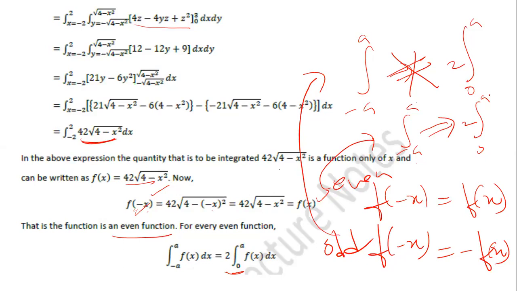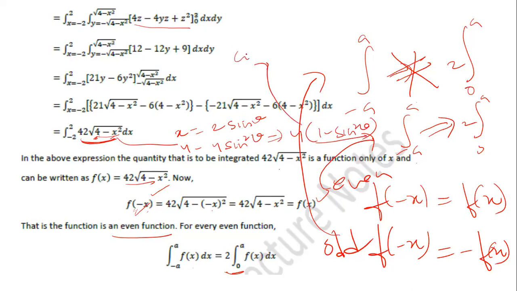And also this is the integration of a square root. From the trigonometry law here, you have to substitute x as 2 sine theta, so that whatever is within this will be 4 minus 4 sine square theta. You can write this as 4 times 1 minus sine square theta, and 1 minus sine square theta is cos square theta. So this can be written as 4 cos square theta, and there is a square root here.